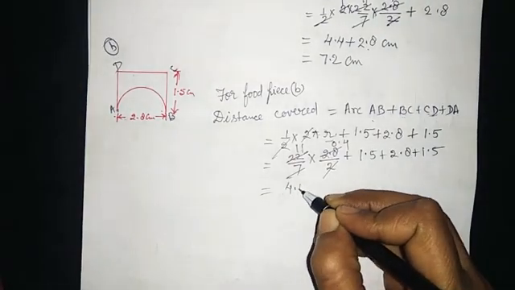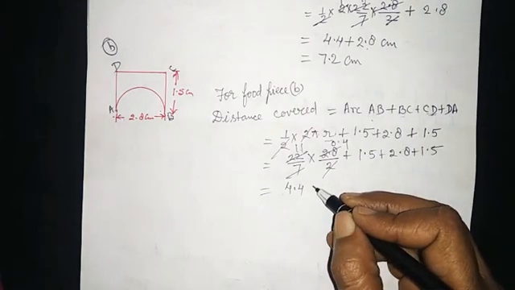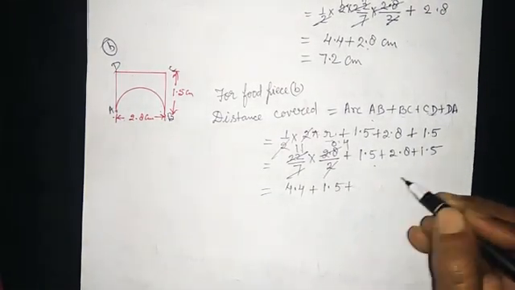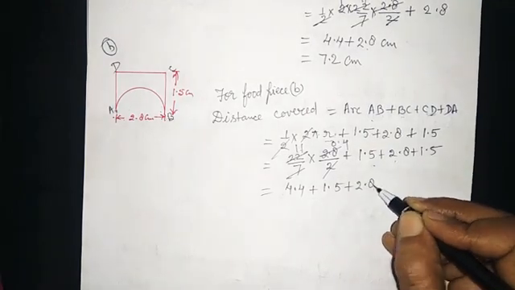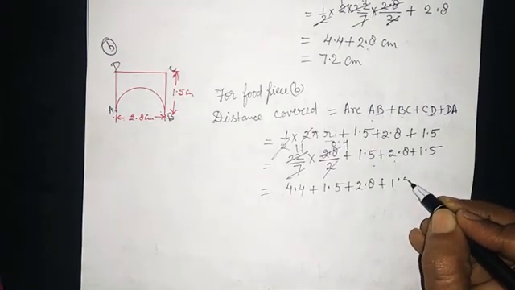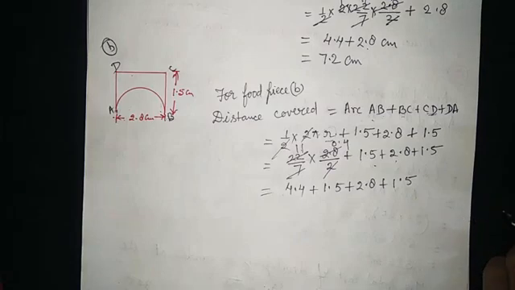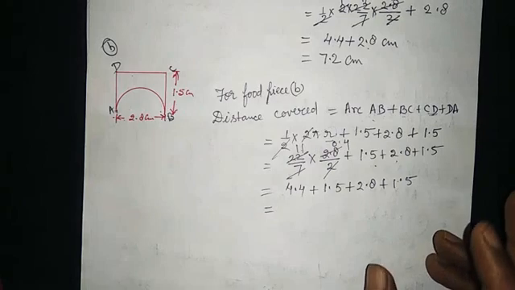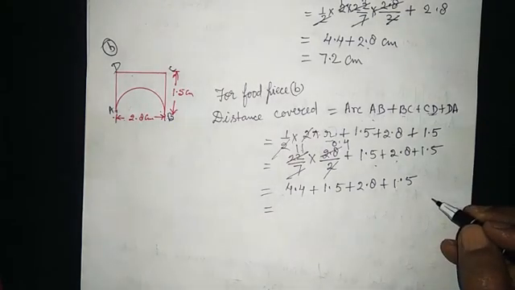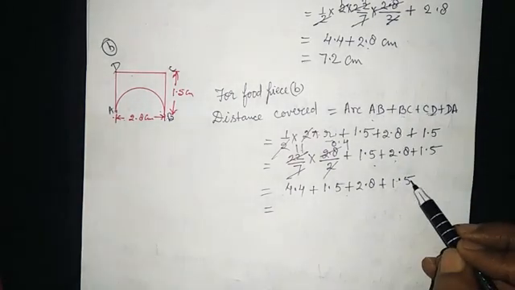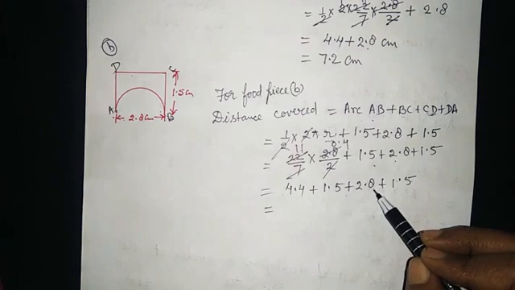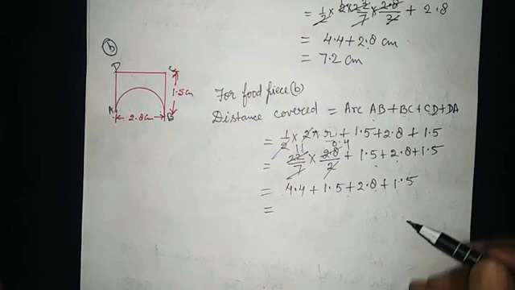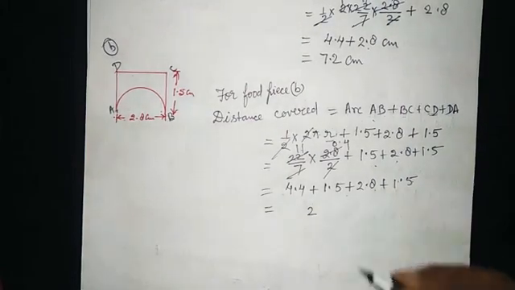Here we will get 4.4, and 1.5 plus 2.8 plus 1.5. Okay, now we will add all this. Okay, here 5 5 10 and 8 18. Okay, and 18 and 4, what is coming? 22.